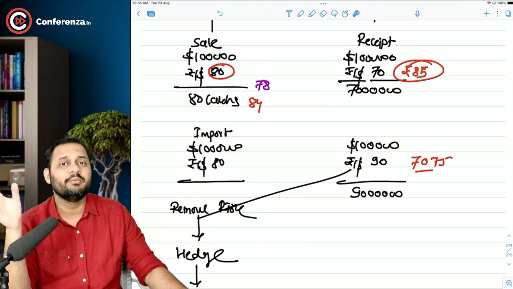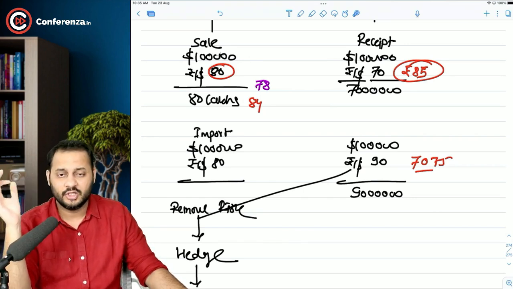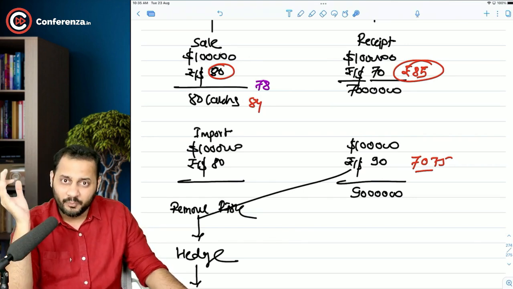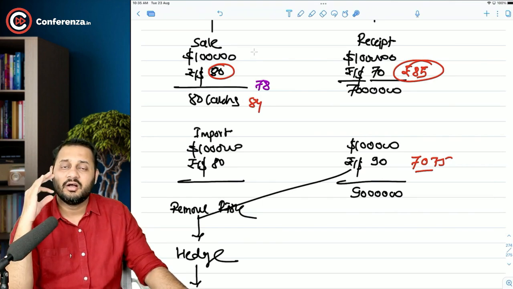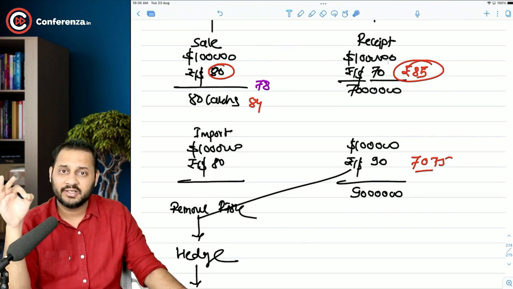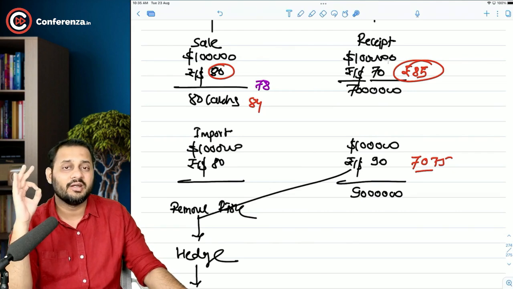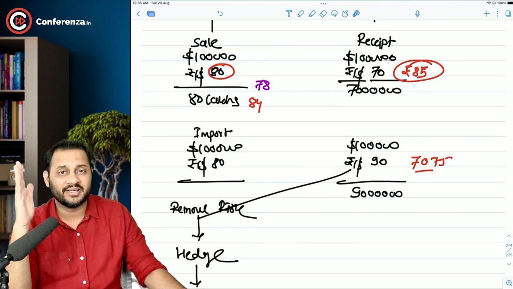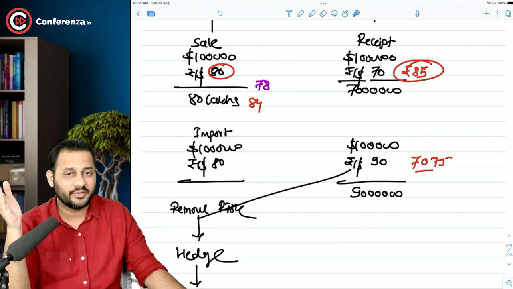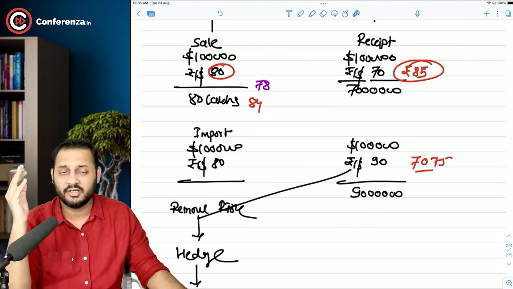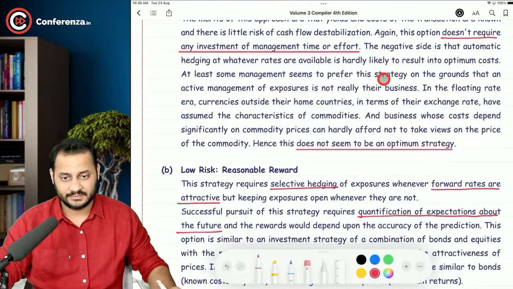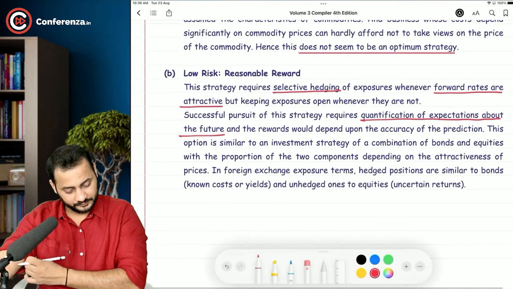Keeping the position open means not hedging. So the reward that you are expecting to receive will depend upon how good your prediction is. If the market rate goes according to your prediction, you will be rewarded, otherwise you will suffer losses. Okay.